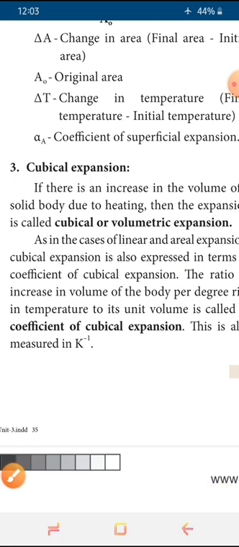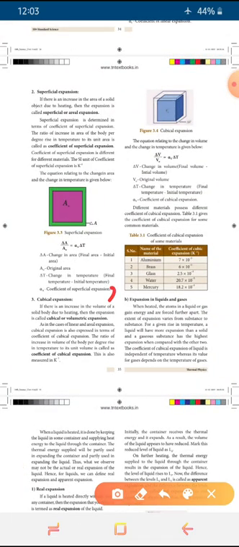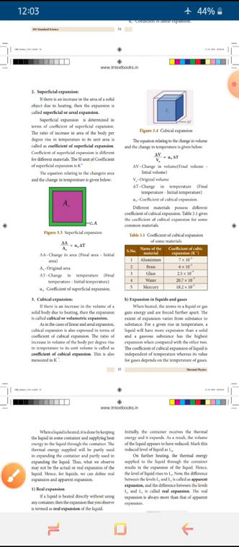Next, for the 7 mark question on the previous one, the answer starts from the topic superficial expansion up to here. In this also 2 marks are there: the definition up to here, then the ratio up to K power minus 1 for the 2 mark question. Just mark it in your textbook. Have you marked, students? Yes.